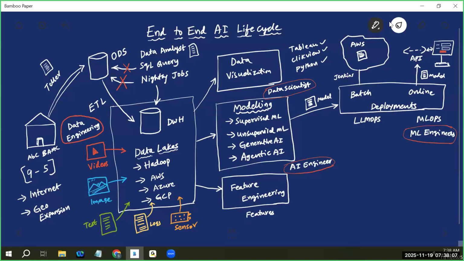ML engineers also do something else, there is another thing called monitoring, which is linked with the deployment. So what is monitoring? There are again two concepts. One is called explainability.